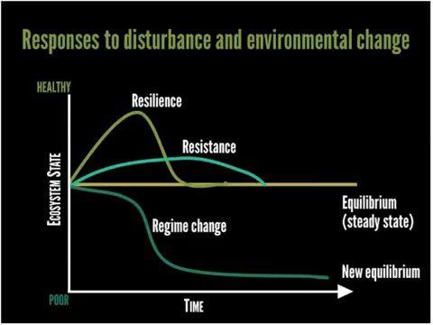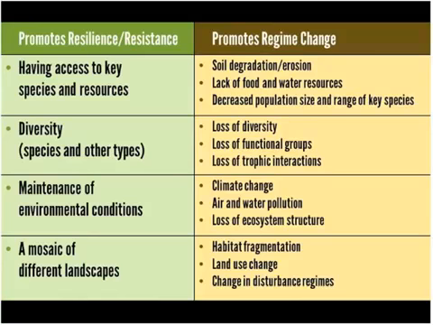So it basically changes. It turns into a different ecosystem that, as you can see if you look at the state of the ecosystem, is less healthy. And it's because you've lost a lot of the complexity that was there before. So complexity and diversity are the key factors that really promote resilience and resistance.